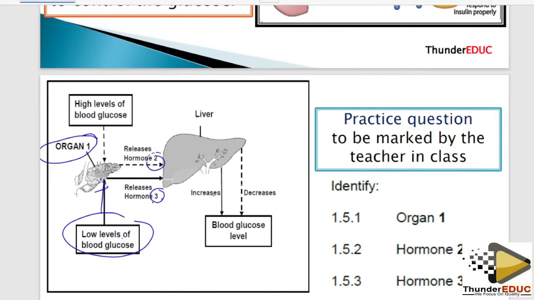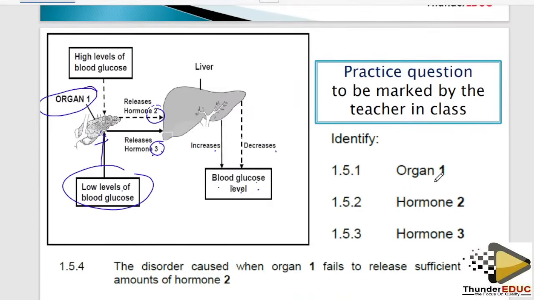And then now you have increased blood glucose, and here decreased blood glucose. Here comes a question, and we say, organ 1. What is organ 1? We have seen that organ 1 is the pancreas.